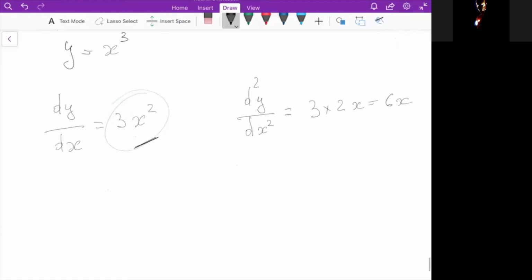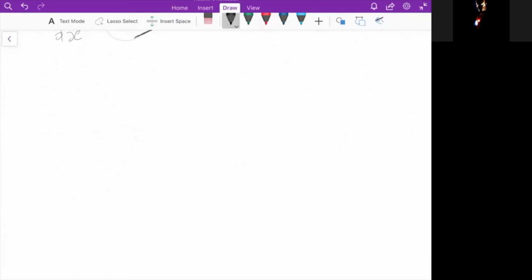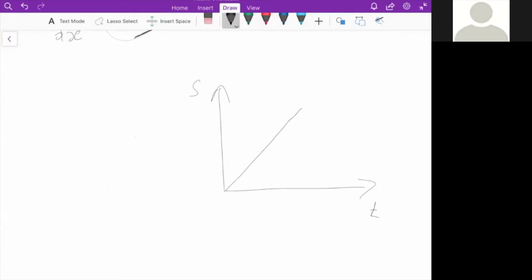If you think about it, let's say you have a graph of distance and time. If this is time and this is distance, let's say a body is moving like that. For every 1 second, the distance increases by 1, let's say. If you figure out the gradient of that line, what would that give you?